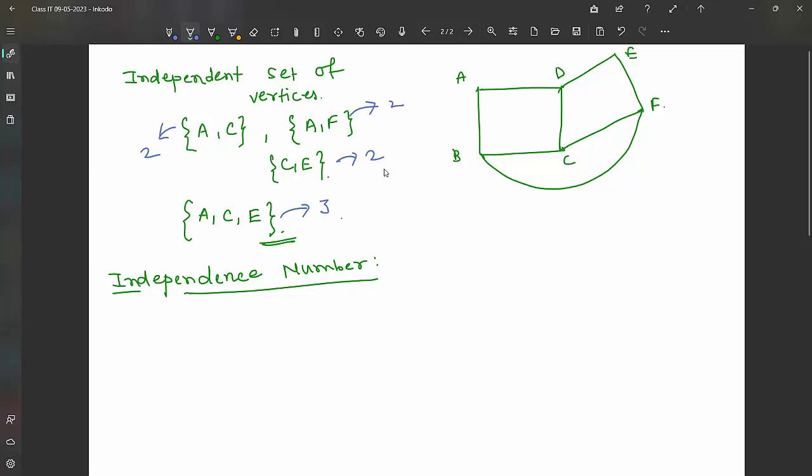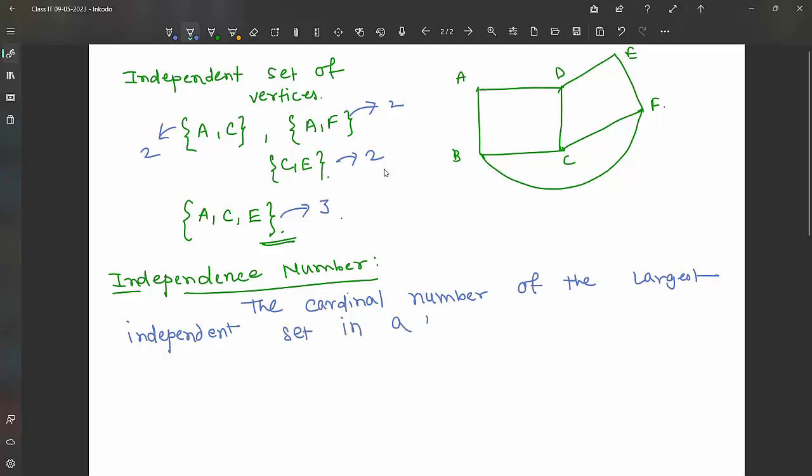Cardinal means the number of elements, so the independence number is the cardinal number of the largest independent set in a graph G. So this is called the independence number, and it is denoted by alpha of G. So this is the notation.